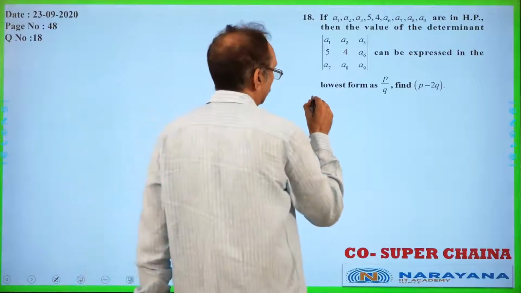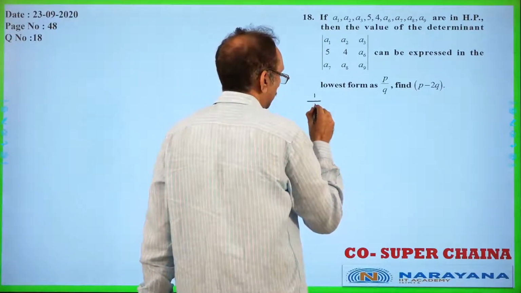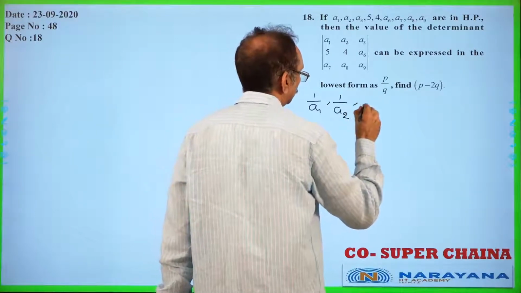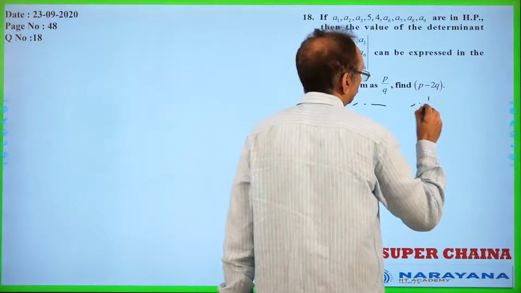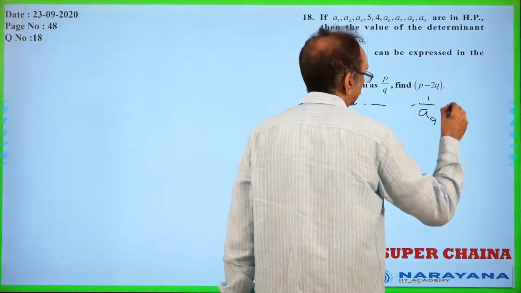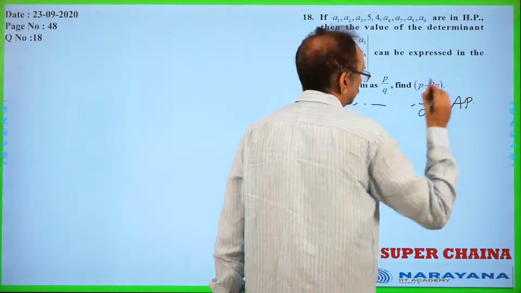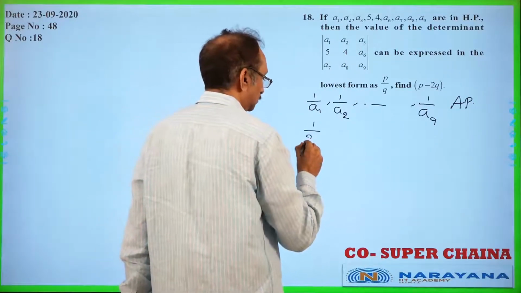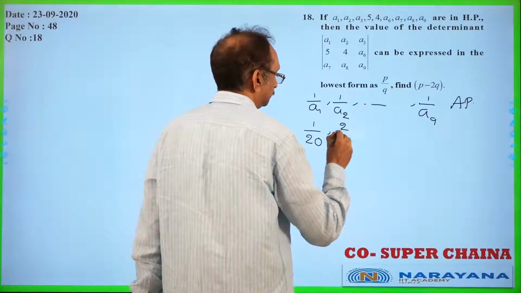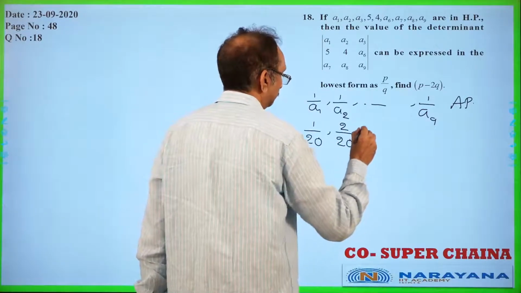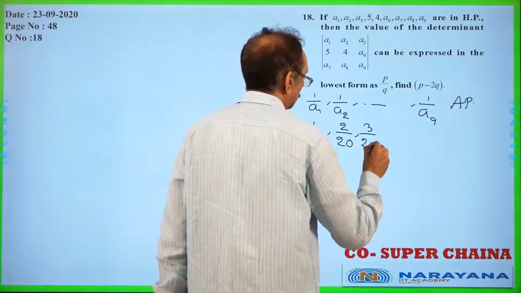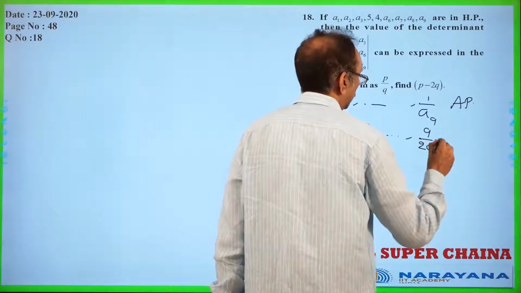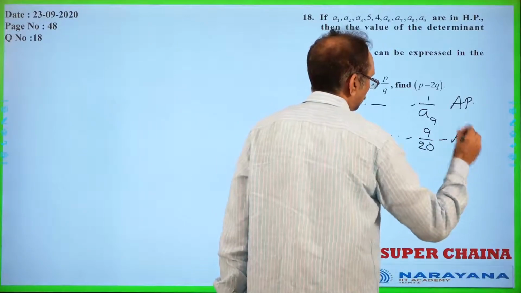So, what are in AP? 1 by A1, 1 by A2 and so on, 1 by A9 are in AP. What is this 1 by A1 we got? 1 by 20. So 1 by 20, 2 by 20, 3 by 20 and so on, 9 by 20 are in AP.